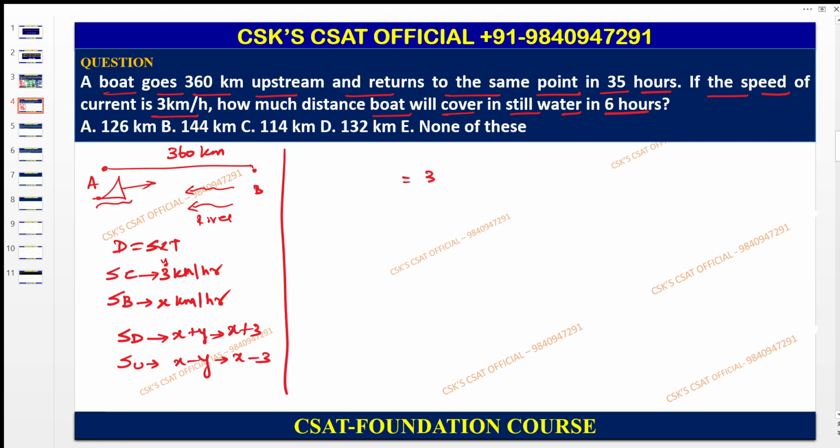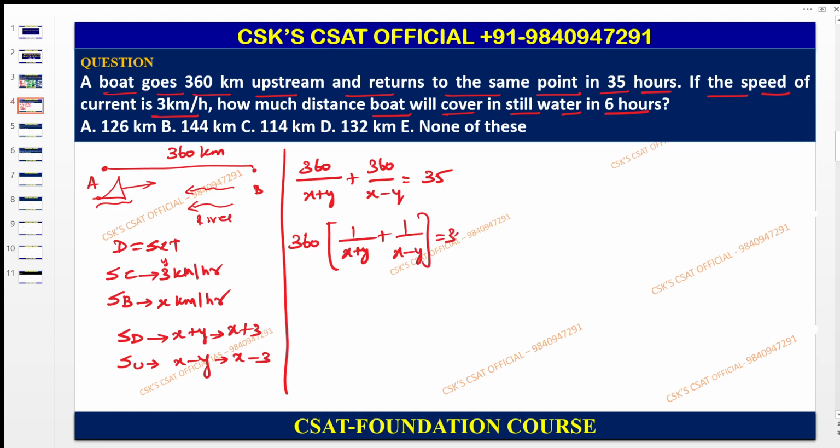The total time provided is 35. So distance by the downstream speed plus distance by the upstream speed is equal to 35. You can take 360 as common: 1 by x plus y plus 1 by x minus y is equal to 35. You can take the LCM, x plus y into x minus y.